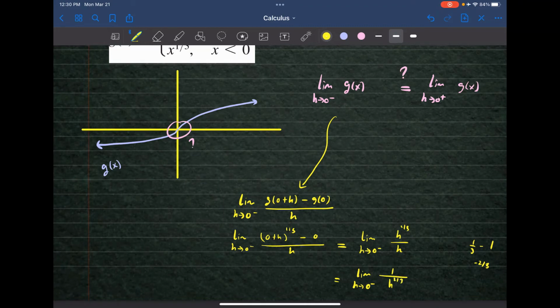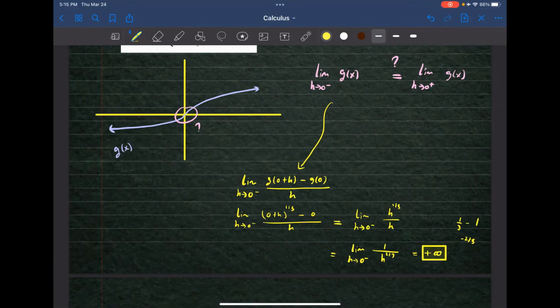So once we have done that, we see that we're plugging in a very small number from the left approaching 0. So this will give us plus infinity. So we see that this limit is not finite. It is positive infinity.